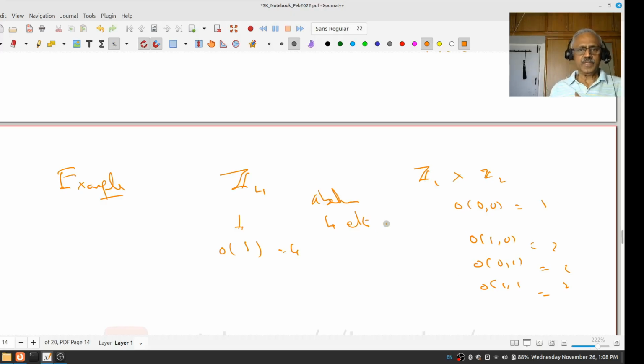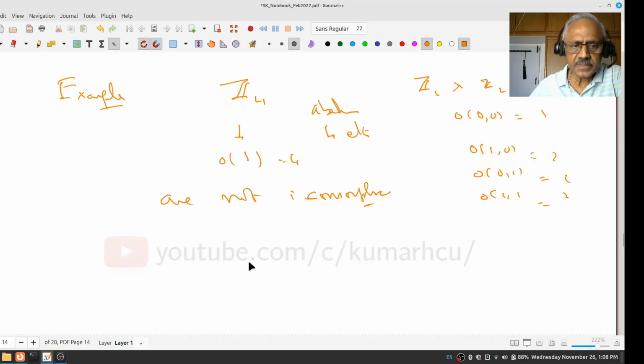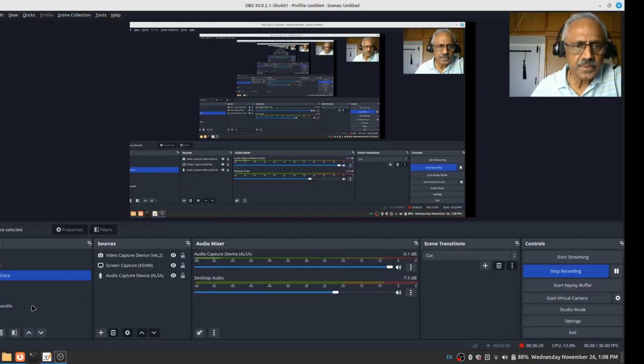Therefore, they cannot be isomorphic. Yeah. So these are the ways in which things occur.